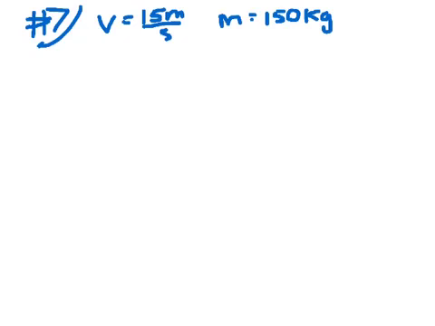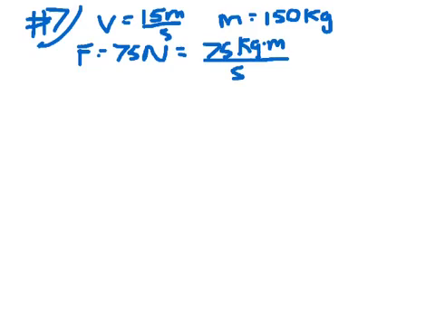The brakes apply a force of 75 newtons in reverse. So the force is equal to 75 newtons, and I'm going to write that, by the way, as 75 kilograms times meters per second squared.